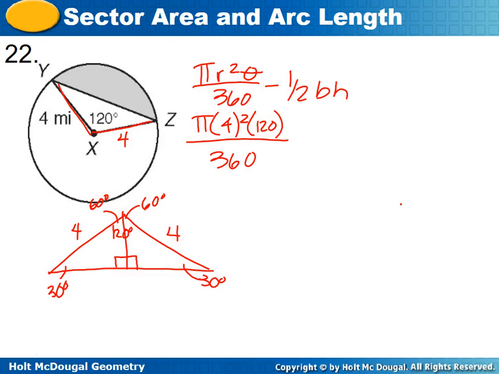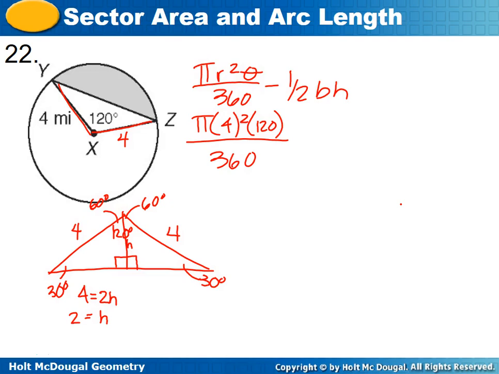So once again, we're going to use what we know about a 30, 60, 90 triangle. We've got our hypotenuse is equal to 4. So 4 is equal to 2 times our short leg, which this time would be our height, right? Because it's opposite the 30-degree angle. So that would mean our height is equal to 2, right?